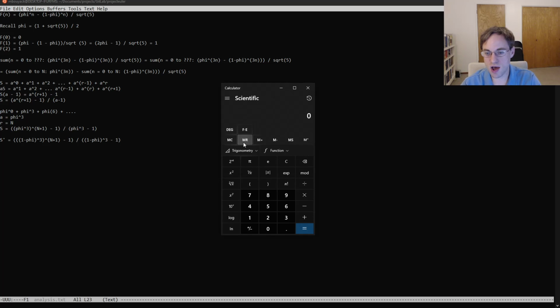So we could try phi to the 50th minus 1 minus phi to the 50th, divided by 5 to the 1/2. Okay, so that's quite a bit larger, and so we know that the term that we're interested in is actually going to be somewhere in the middle.